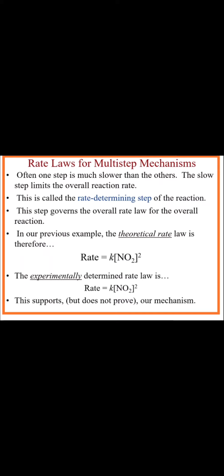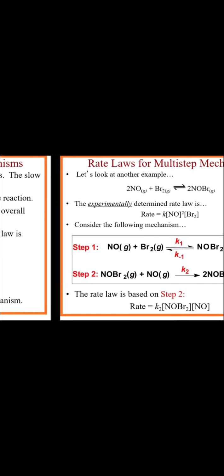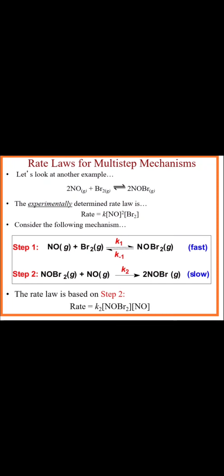This supports the mechanism that I already explained. In the first step, two molecules of nitrogen dioxide are involved, forming that elementary step which is the slowest step, the RDS, rate determining step.